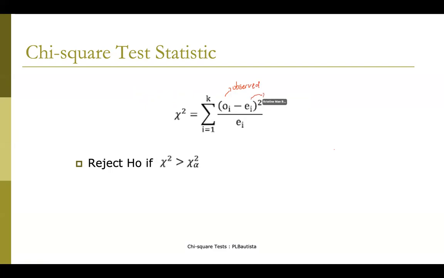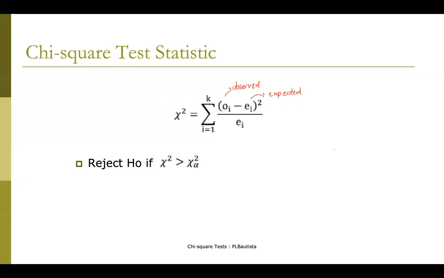So we are just getting the square of the difference between the observed and the expected values, dividing that by the expected value, and then taking the sum over all such pairs of observed and expected values. You will see later on when we solve the exercises how this formula is applied.